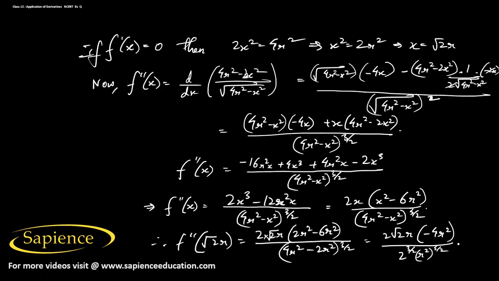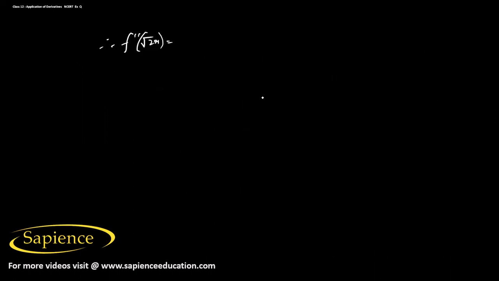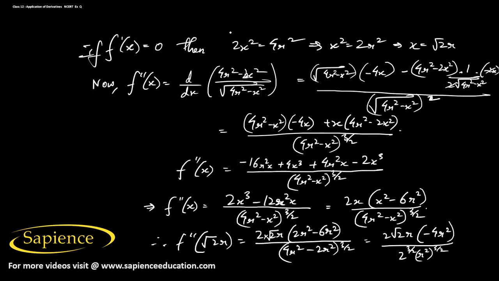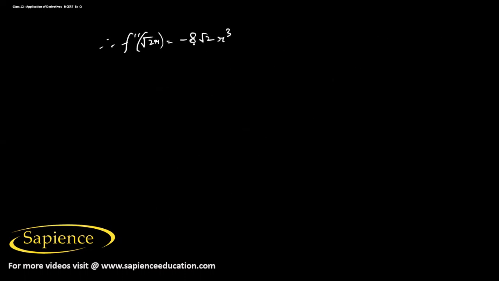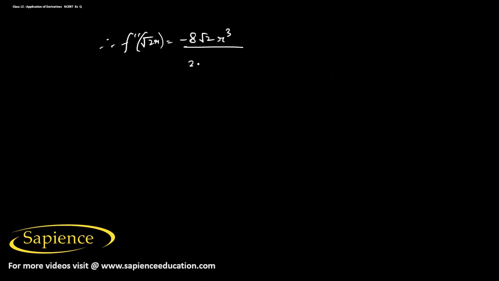So f double dash root 2r will be equal to minus 8 root 2 r power 3 divided by 2 root 2 r power 3. So this 2 will cancel and root 2 will cancel, 2 4s are 8. So that is equal to minus 4, which is less than 0.